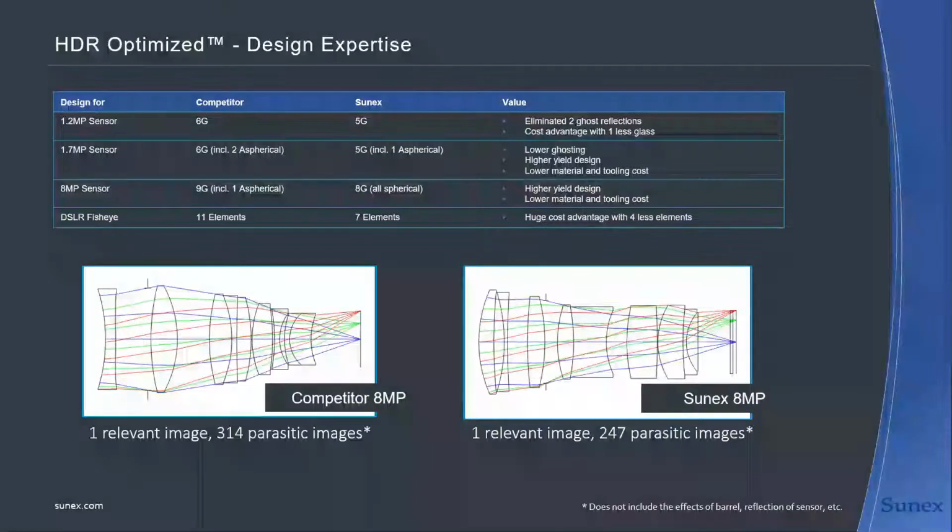And the balance there is really kind of an art form, and it's one of the things that we excel in, finding the right balance. And I say it's not a one-size-fits-all because every use case is different. Some use cases are hypersensitive to stray light. Others want to emphasize MTF. So finding that balance is really the core of what we do.